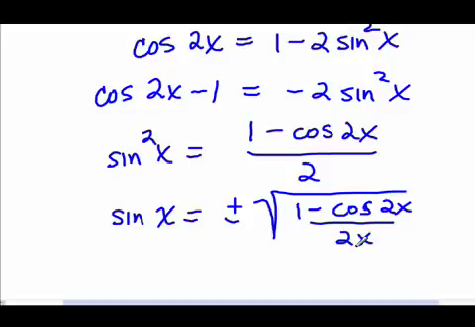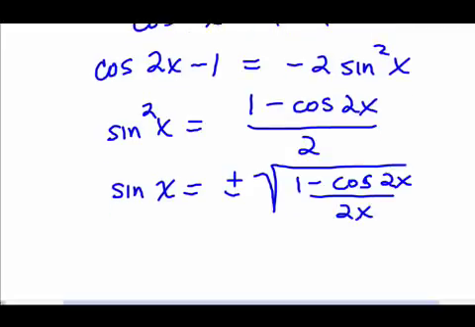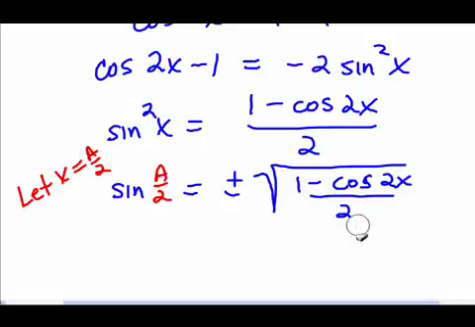Now the last step, folks, is to put this in terms of some angle divided by 2. So take a look at what would happen if we let x equal a over 2. Wherever you see an x, let's put in a over 2. So this x comes out, we replace that with an a over 2. And inside the radical part of this, I put too many x's over there, by the way.